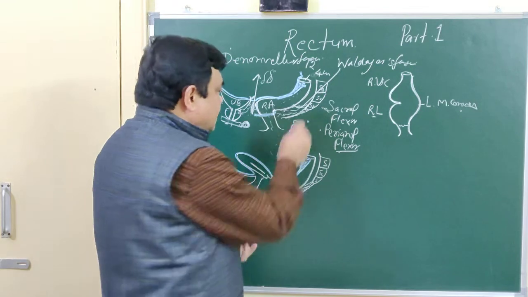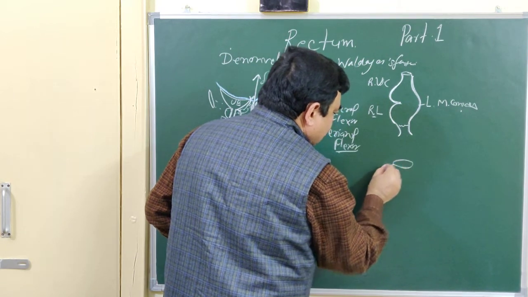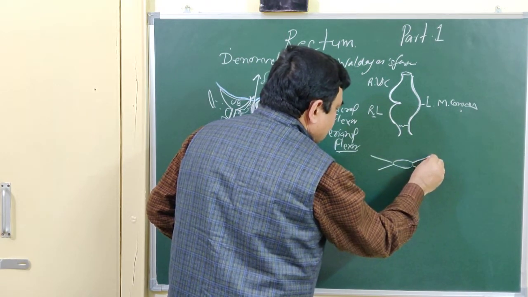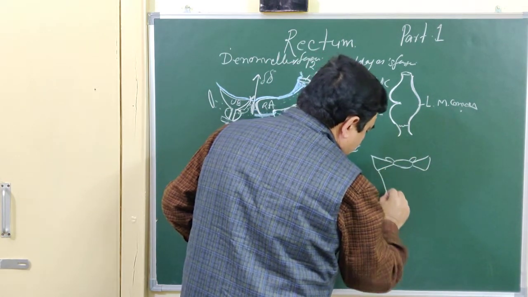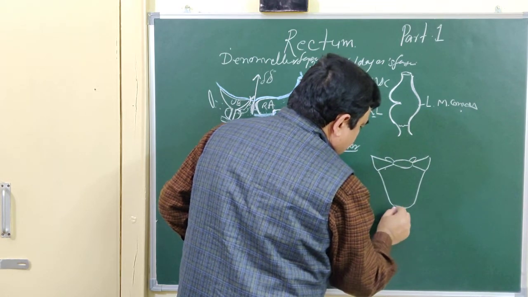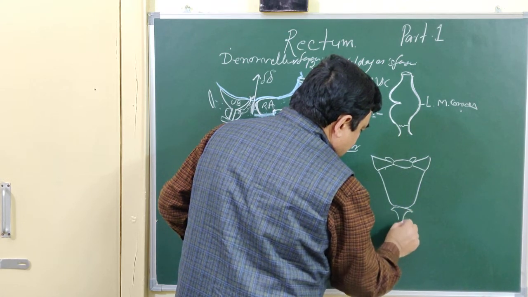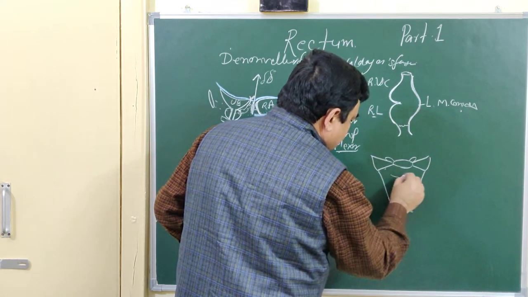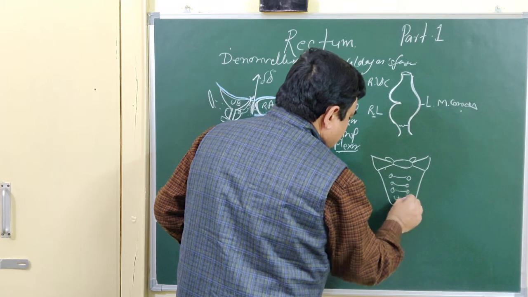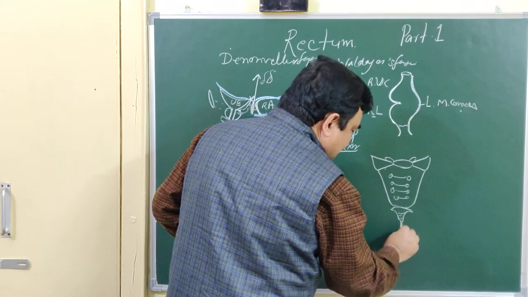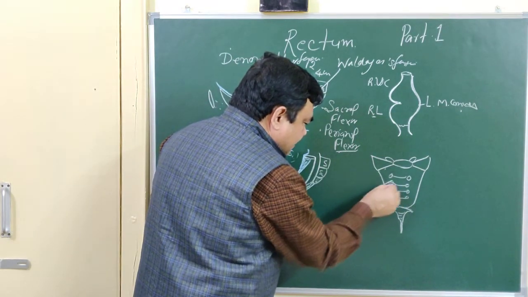And under it, if you see the sacrum from the anterior side, here is the sacrum and coccyx, and here is the anococcygeal ligament. Here the middle three pieces of the sacrum give origin to the piriformis.